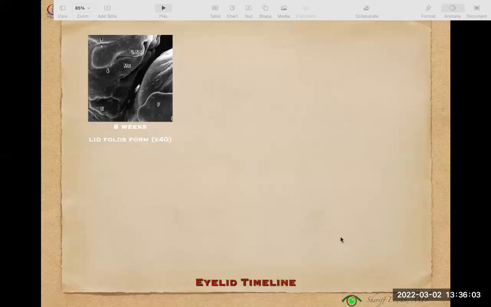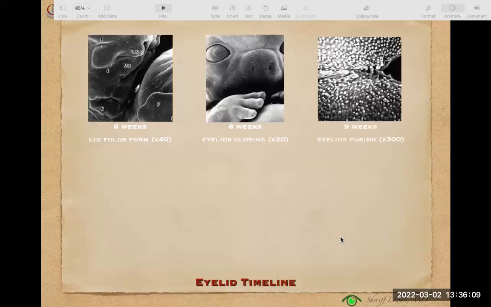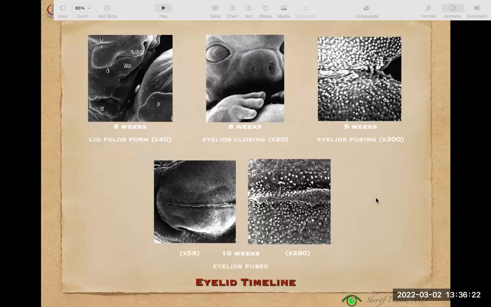So the lids start to form at 6 weeks, and then at 8 weeks, they start to close with complete closure at 9 weeks, complete cellular closure, not approaching each other, but fully united together.